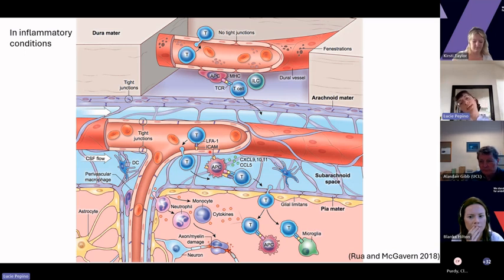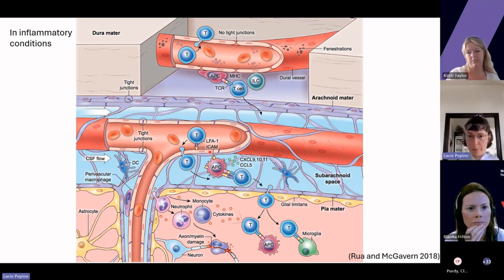So if the blood-brain barrier is not intact anymore, then they can go through and gain access to the brain parenchyma.